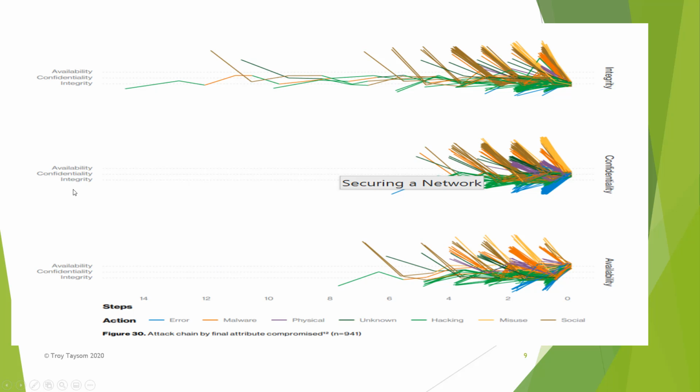Remember, it's your CIA triangle. I know this is kind of hard to read, but it shows a relationship between what's happening and what it's doing to all of these at the same time. And if you look, the vast majority of attacks as it goes out here are messing with the integrity of your data.